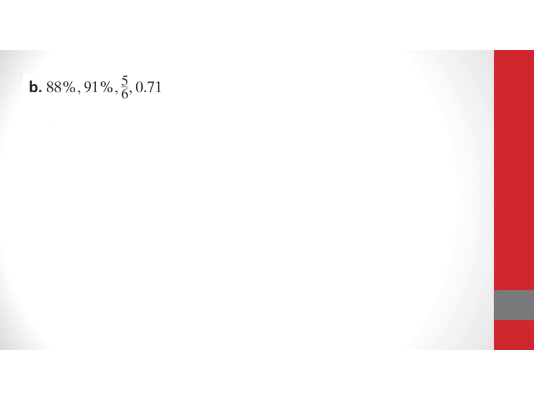Again, we're going to do the same thing for part B. So part B, I have 88% is really equal to 0.88. 91% is really 0.91. 5/6, if you divide this out, will give you 0.833, and the 3's are going to just be repeated. And then we have our 0.71.